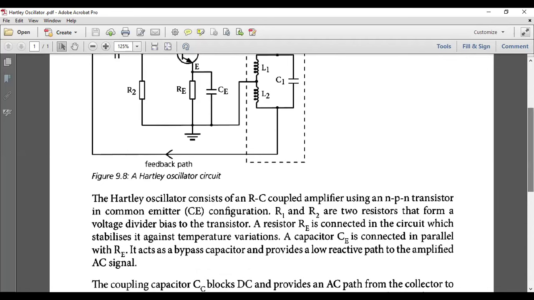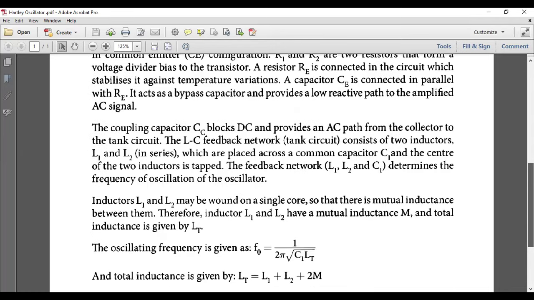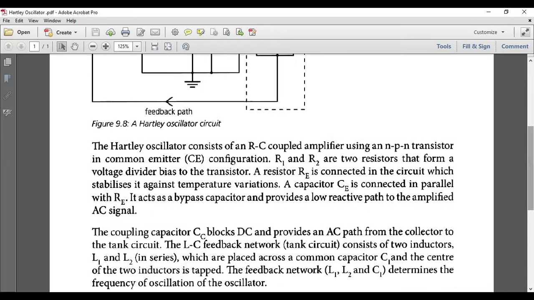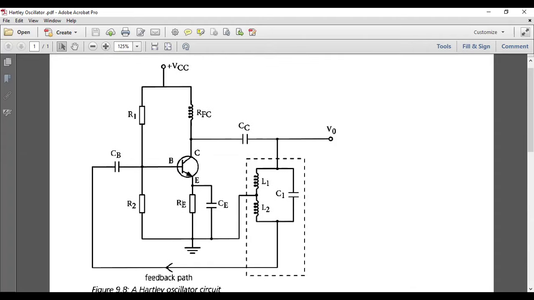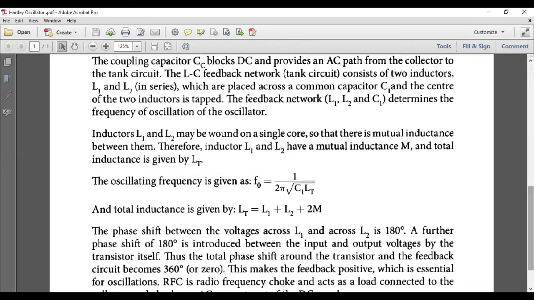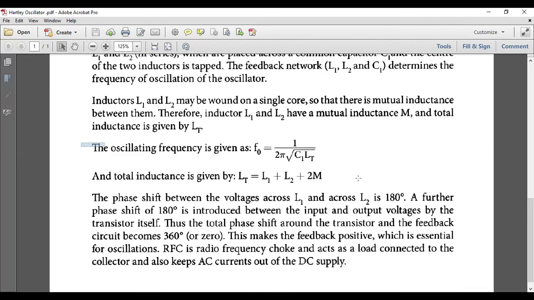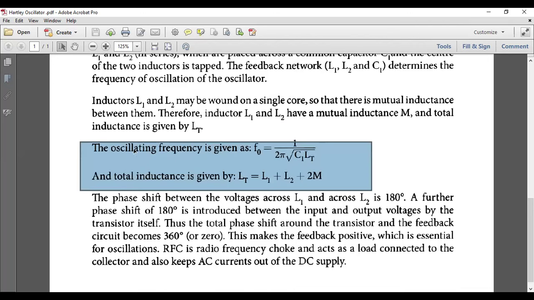So you have all the explanations that you will need in your Hartley oscillator circuit. Here I'm not going to talk about the explanation, even the diagram. I just wanted you to have a recap of what you're talking about. But the major part that we need is the calculations, which are the oscillating frequency, and also the total inductance is given by. Remember these, guys, because on your formula sheet you are given these formulas.